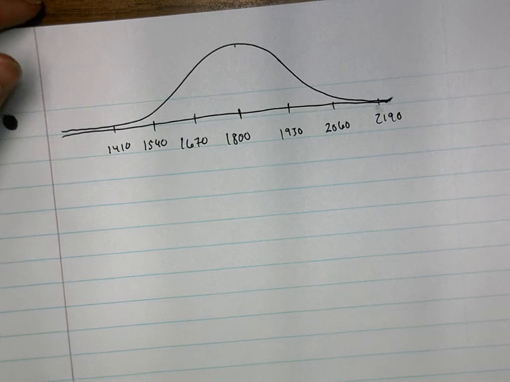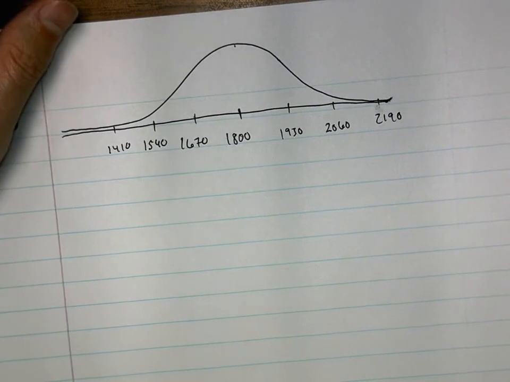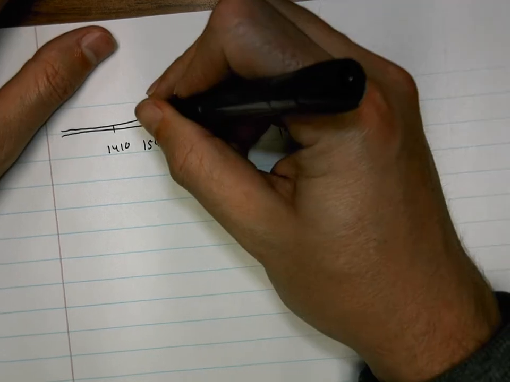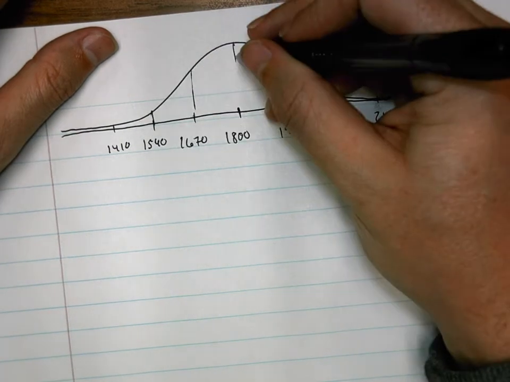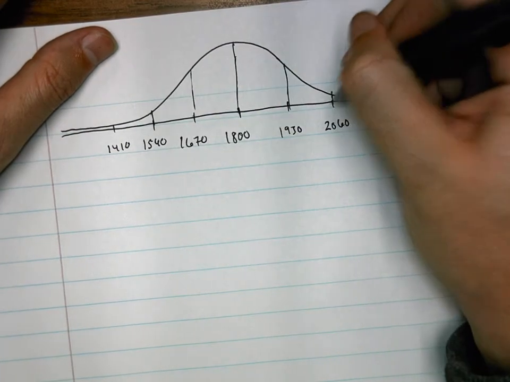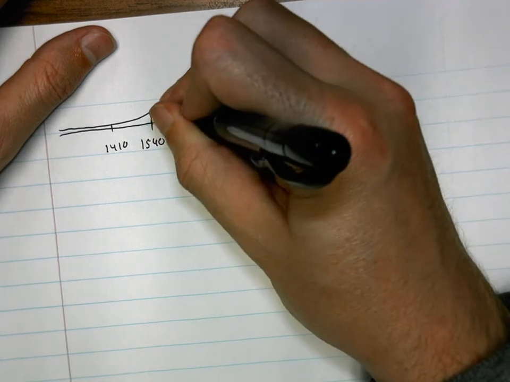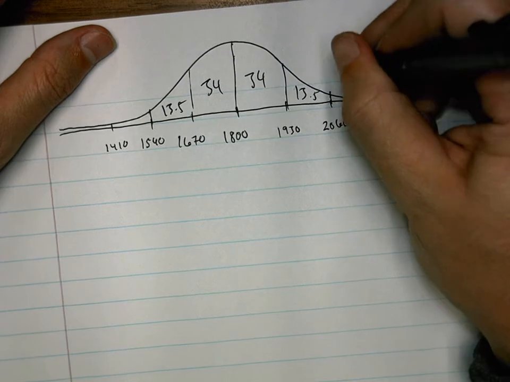So therefore, what percentage of all apartments are between 1540 and 1930? When you break them up into their little grids, these guys are 34, these are 13.5, and these guys are 2.35, by the way.